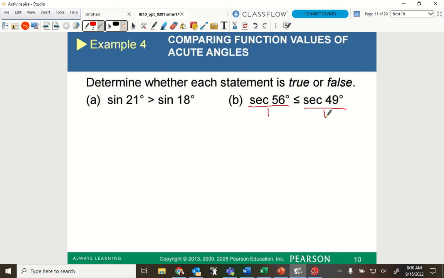The reciprocal of this is going to be 1 over cosine of, like that. So it's the same thing. You just have to understand your sine, cosine, and tangent. You have to understand those. So I'm going to go to the other calculator here.